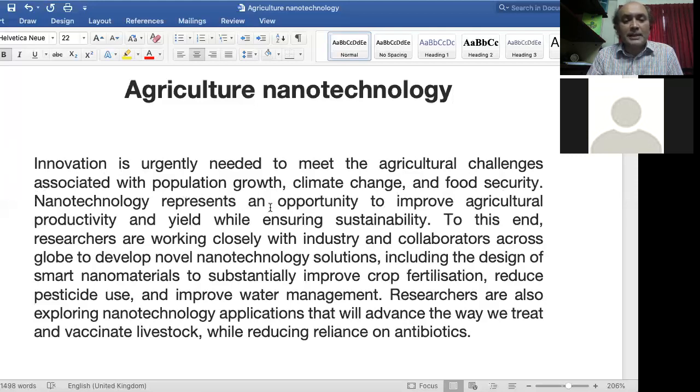Nanotechnology represents an opportunity to improve agricultural productivity and yield while ensuring sustainability. To this end, researchers are working closely with industry and collaborators across the globe to develop novel nanotechnology solutions, including the design of smart nanomaterials to substantially improve crop fertilization.